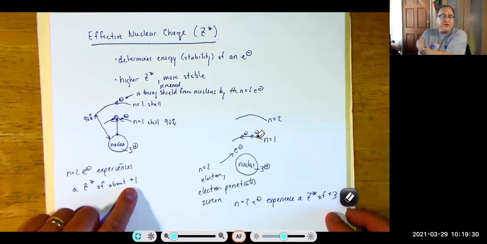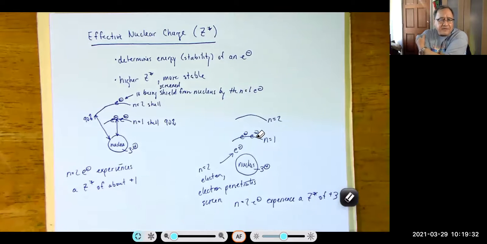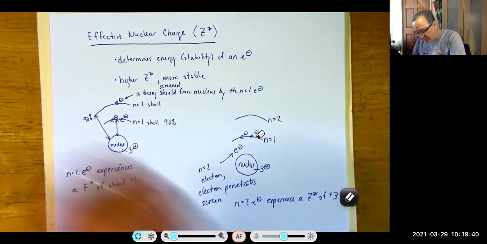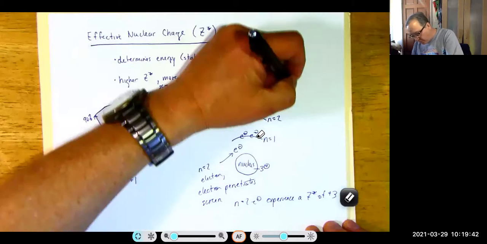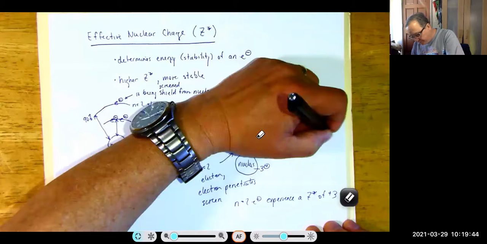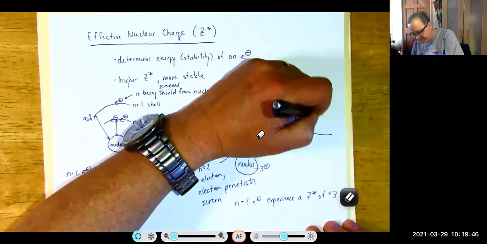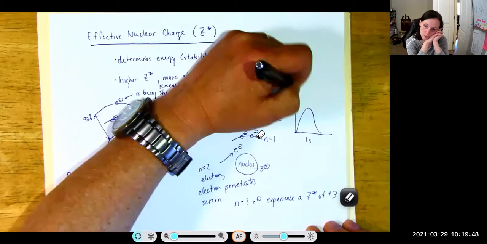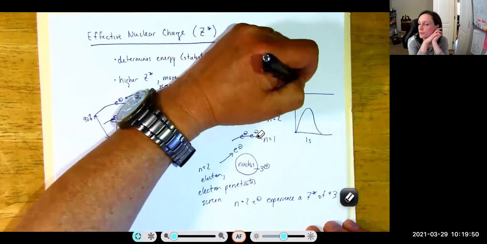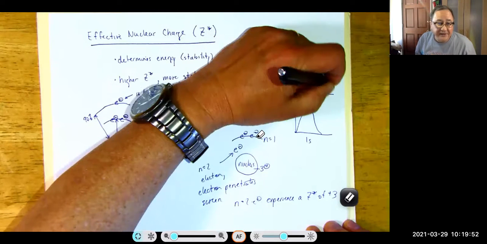Where does that electron spend most of its time? Does it spend most of its time being screened or penetrating the screening? Now, do you remember the little chart we drew before for the probability? This is a 1s, and this is a 2s.